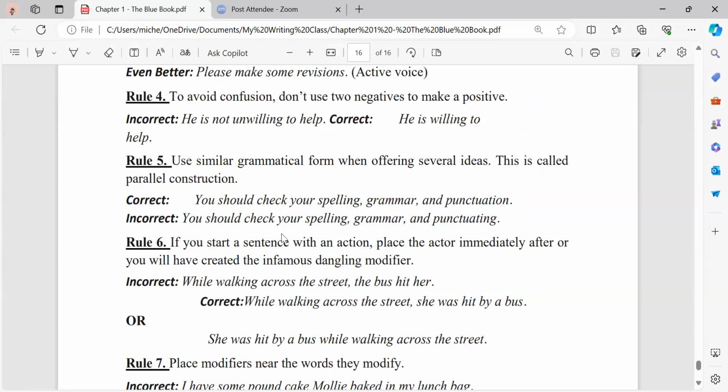But in this other one, you should check your spelling, grammar, and punctuating. Punctuating right here is not parallel because it has a different grammatical form. It has the ing right here, and this is not the original form. So spelling, grammar, punctuation are all the original form. Punctuating right here is not the original form.